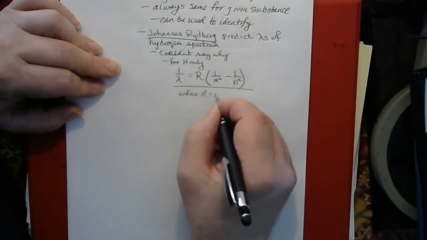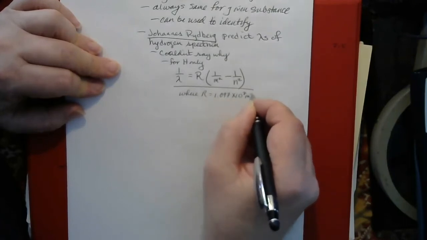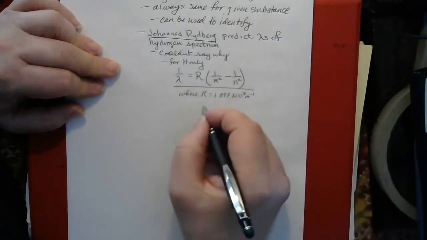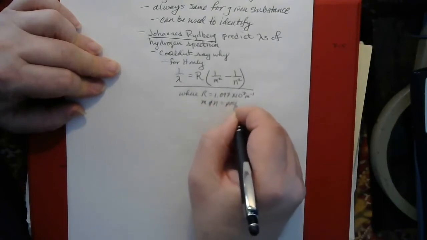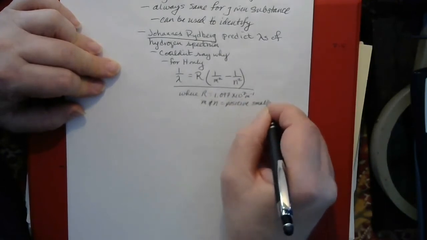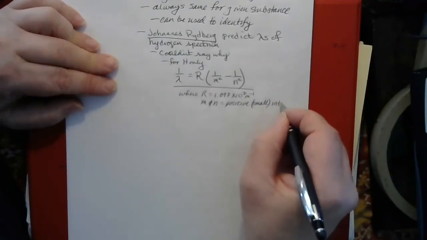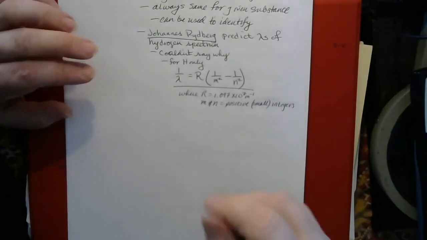And so R is 1.097 times 10 to the 7th inverse meters, or per meter. He was able to calculate that. And M and N are positive small integers. But he didn't actually understand why that equation works. So that's the interesting part.